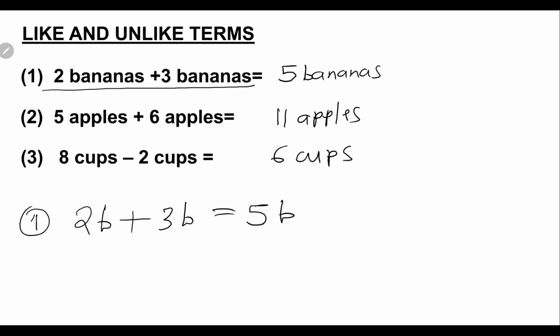The same way for the second one, instead of writing 5 apples plus 6 apples, in algebra this can be written as 5a plus 6a. What do you think is the answer? 5a plus 6a, the answer that you're going to get is 11a.